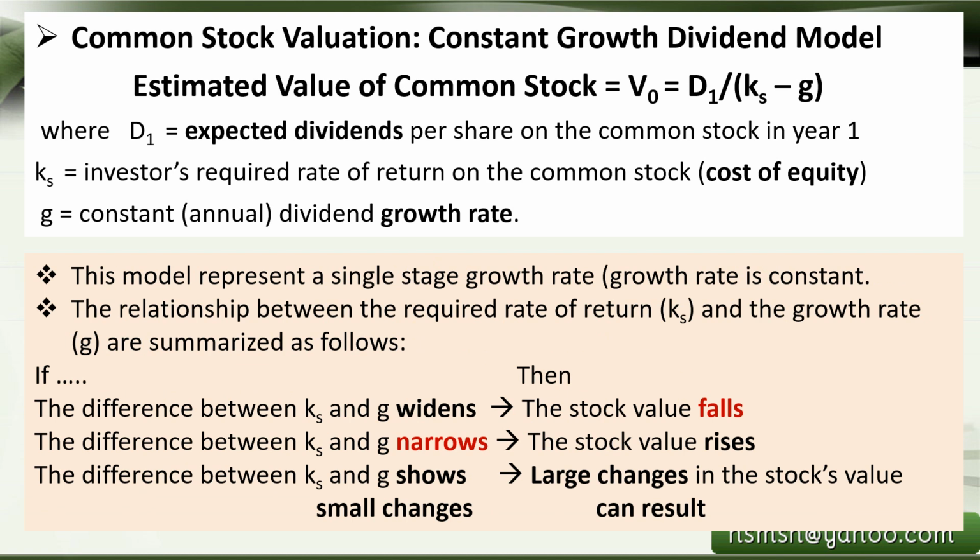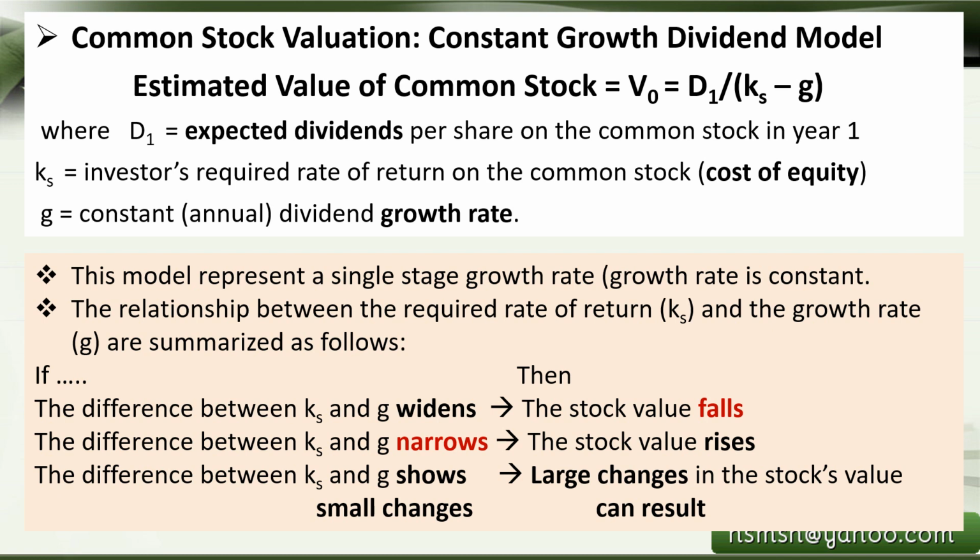So let us understand the relationship between the required rate of return and the growth rate, which in the given example is also 6%, summarized as follows. If the difference between the expected rate of return, or the cost of capital, and the growth rate widens, then the stock value falls.